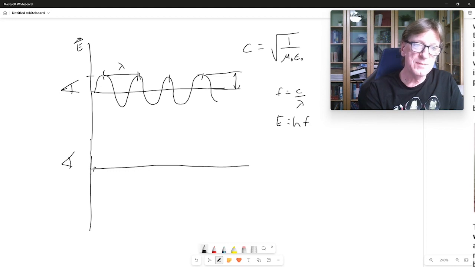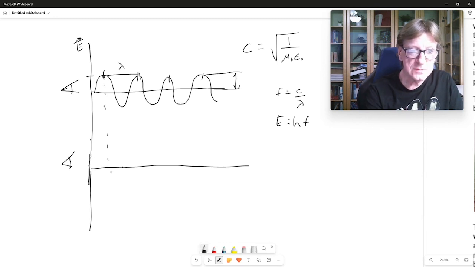And so what that means is that when this one is positive, this one is going to be the opposite. So if it's 90 degrees, when this one's positive, this one's going to be zero. I'm going to have to redraw that so I can get that to come straight down. I want them to line up. Let's see if we can do that. So right here. So this one's positive and we want that one to be zero.